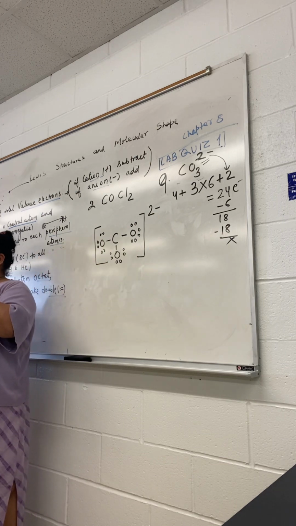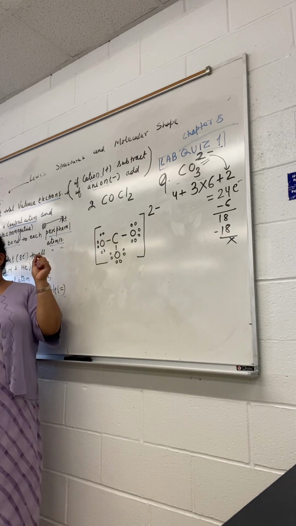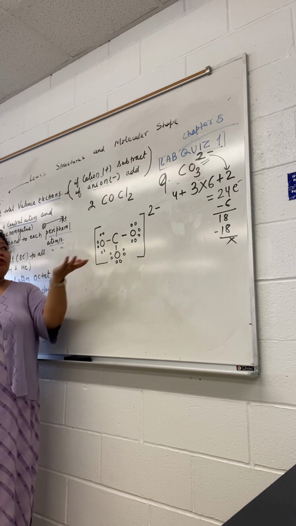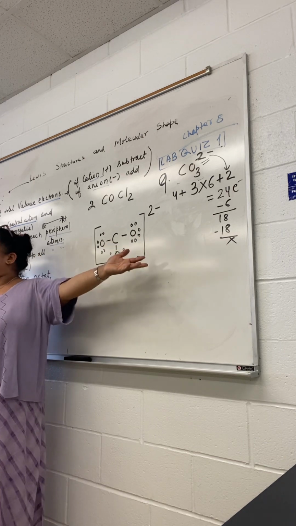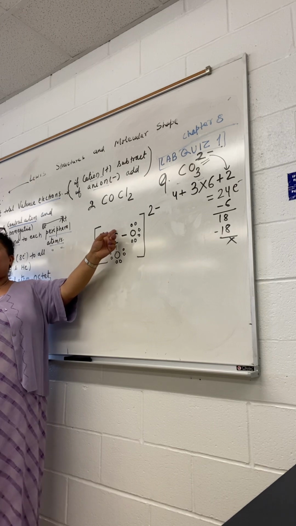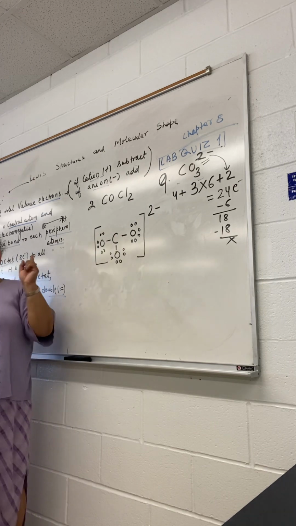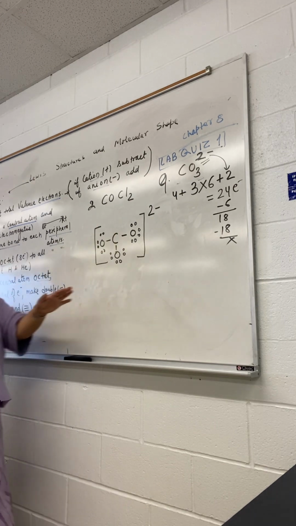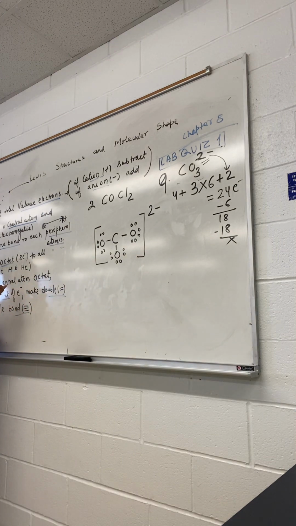How many does it need? 2. You could put a lone pair there, if you had 2 extra left over. But since we have no electrons left, we have the same situation. If you run out of electrons, make a double or triple bond.